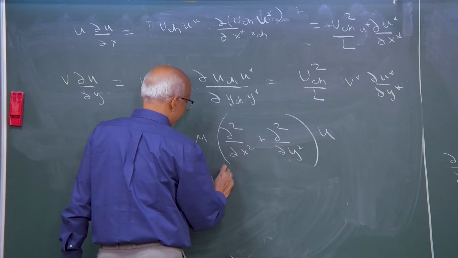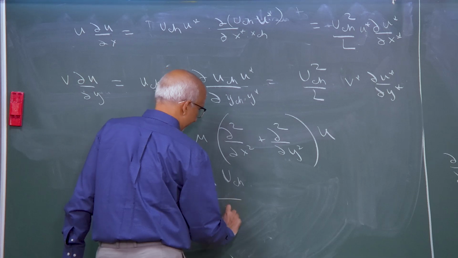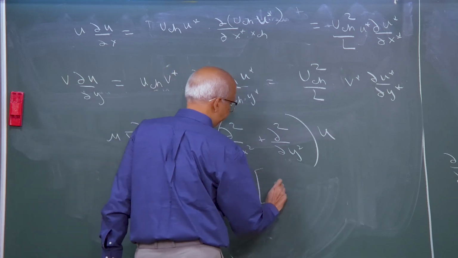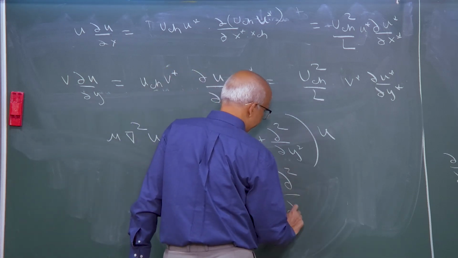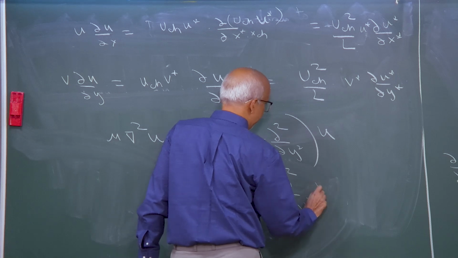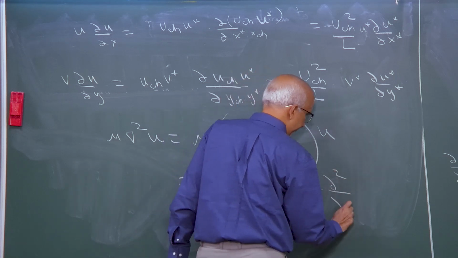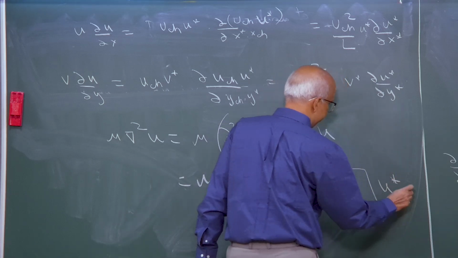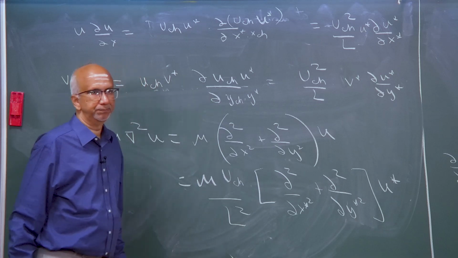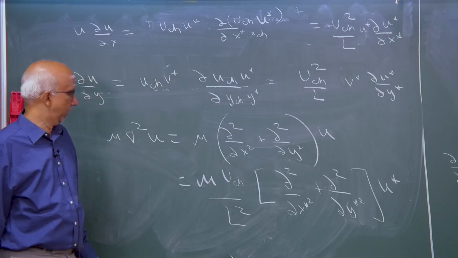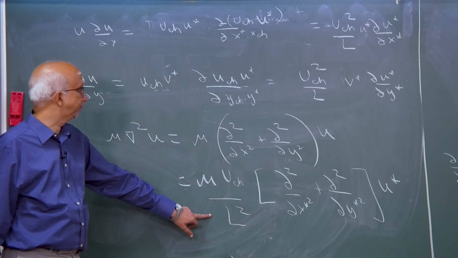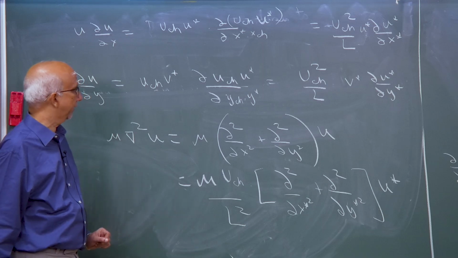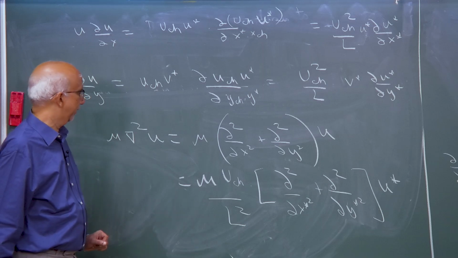I will get u characteristic divided by L squared times del square by del x star squared plus del square by del y star squared times u star, okay. So, L square comes out here, great.